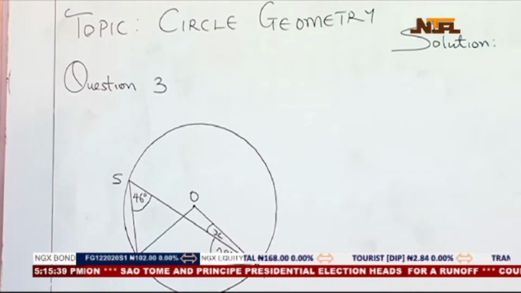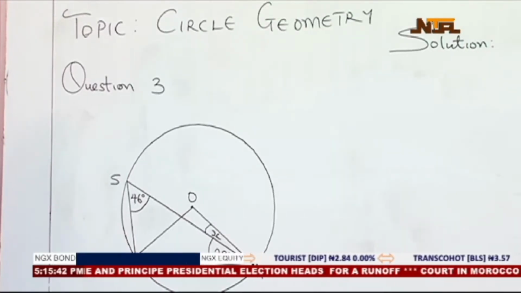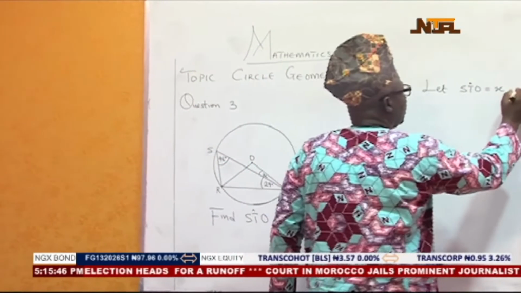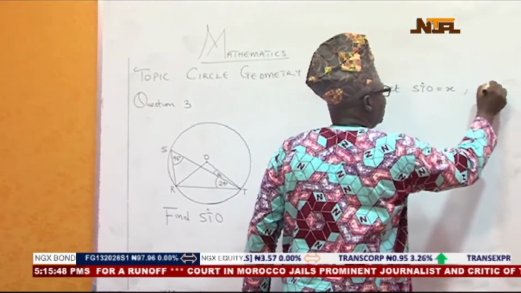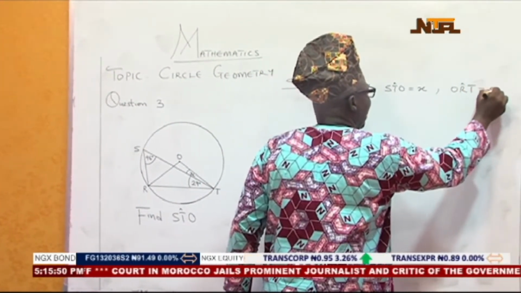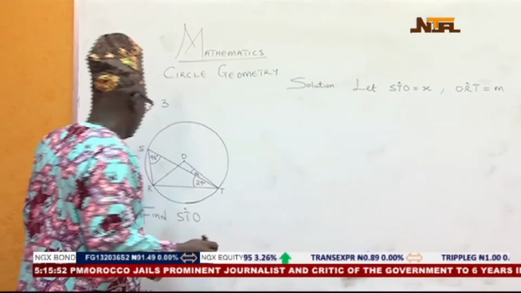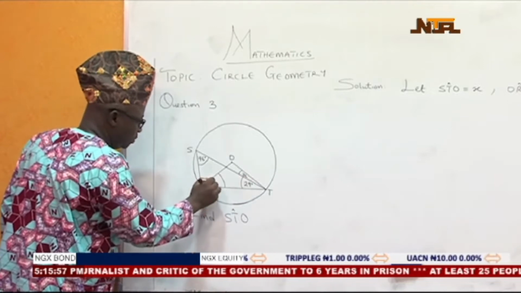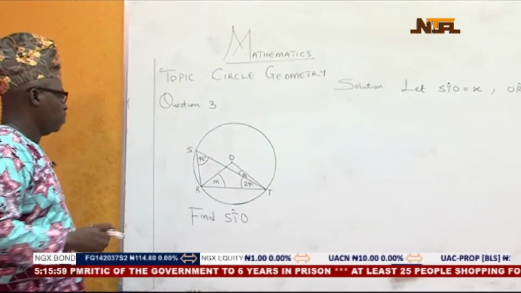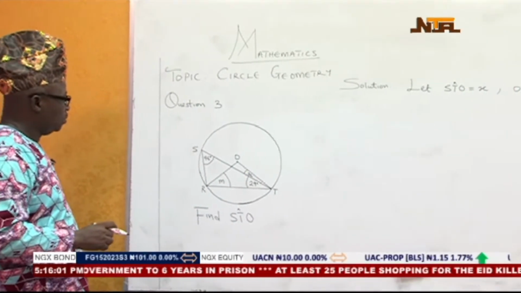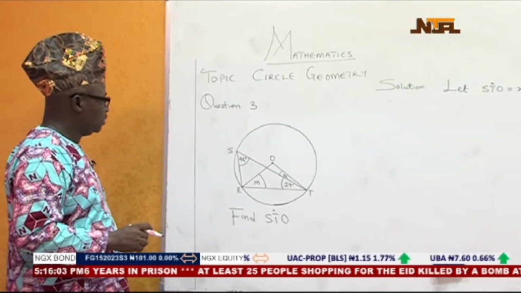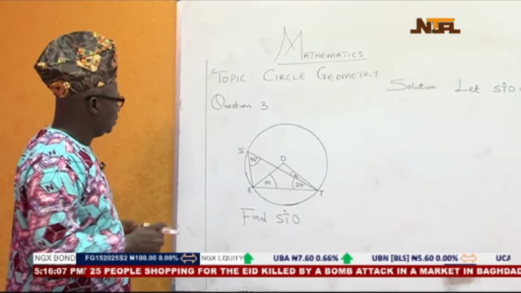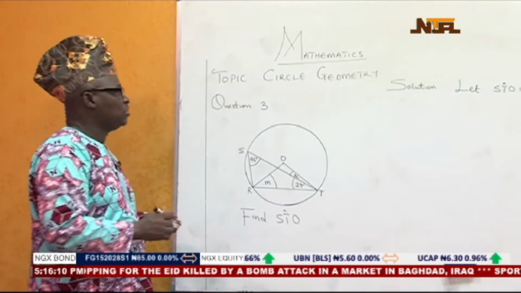Now I can also say, for easy reference, let angle ORT be M. So this is the angle ORT here. So this is M. So after putting all those in place, we now look at the theorem that can fit into this diagram.